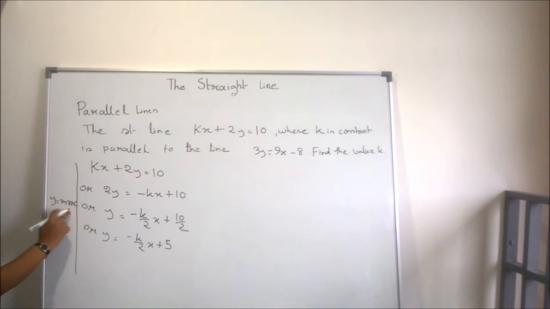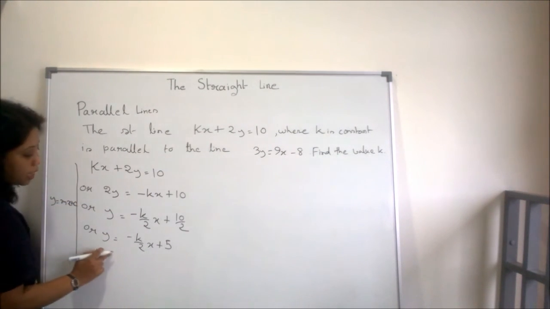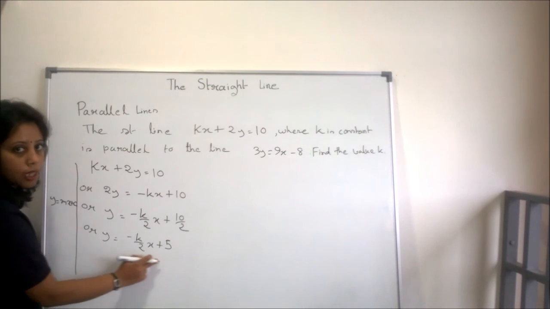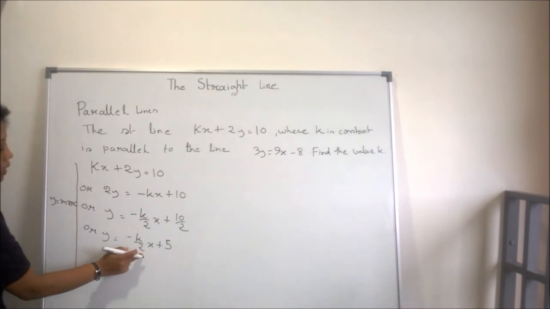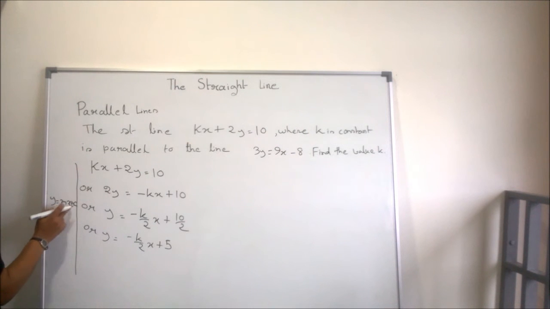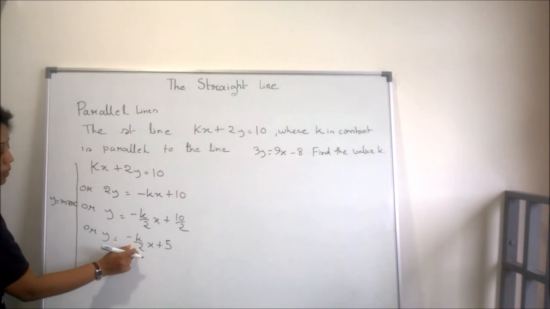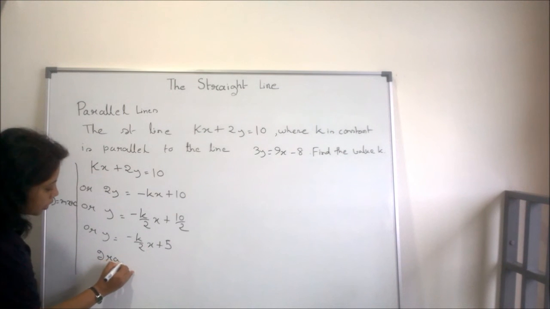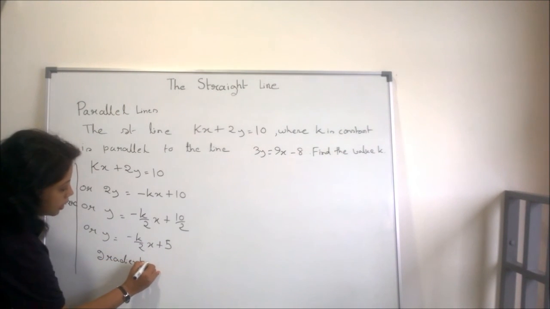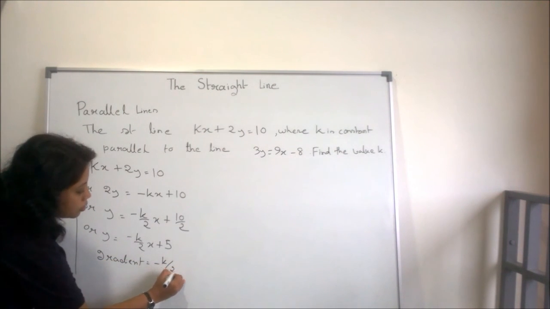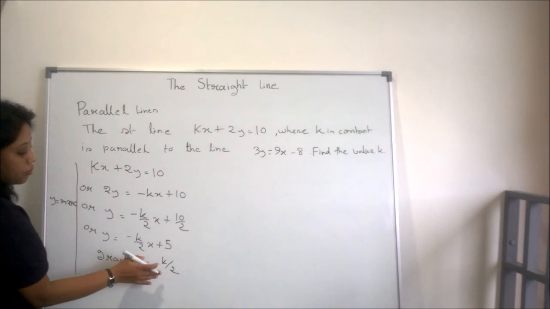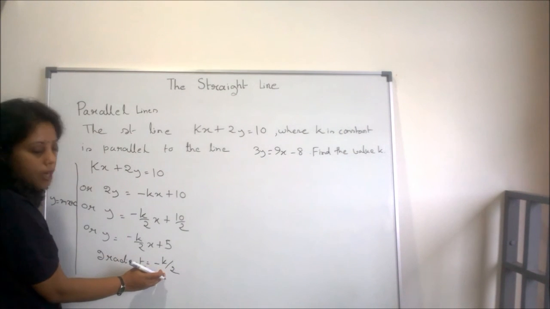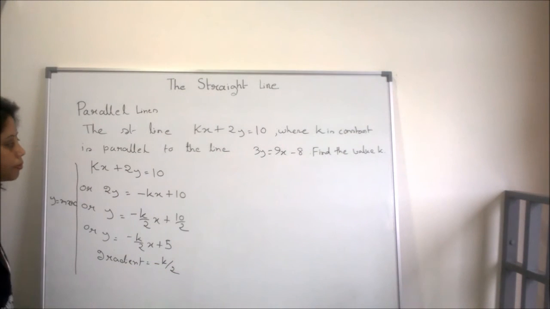So if we compare with the general form of the straight line, the gradient of this equation is minus k by 2. So from the first line we get the gradient is minus k by 2.